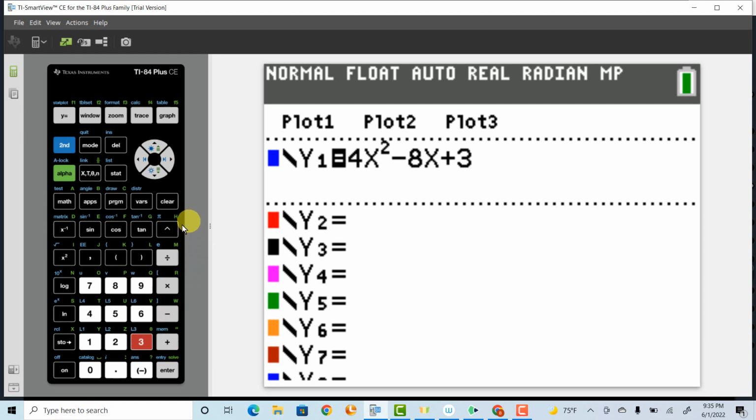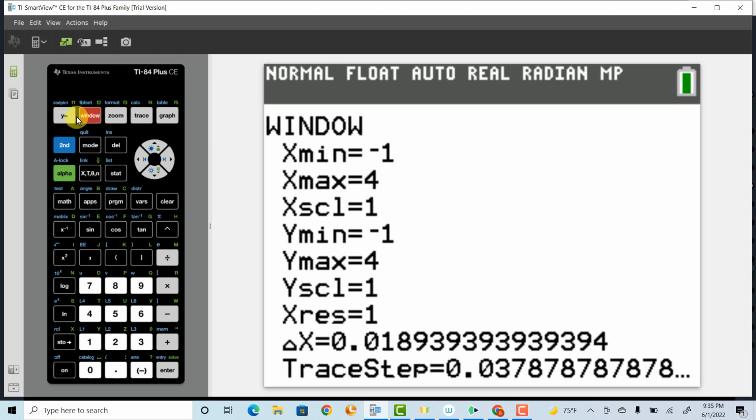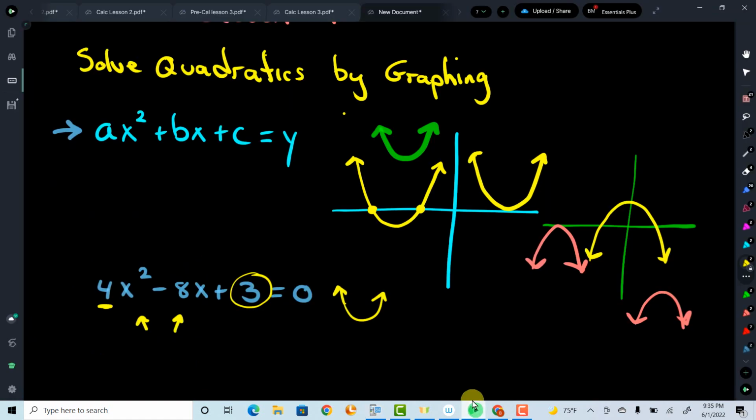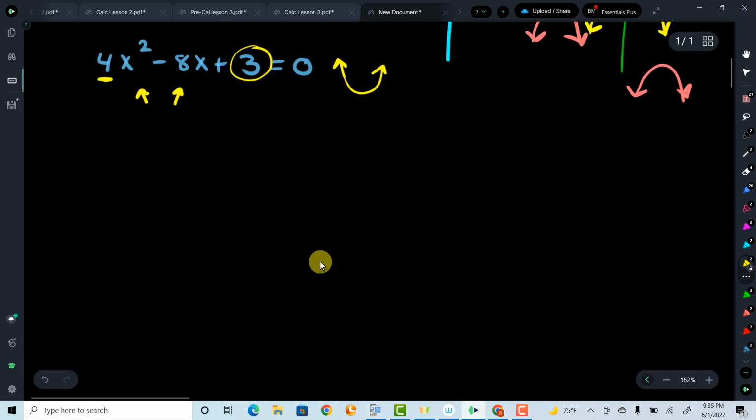Now I'm going to go to my window. The window is just to the right of the y equals button. In the window I have an x min, x max, x scalar, y min, y max, y scalar. Those are the six things I have to concern myself with.